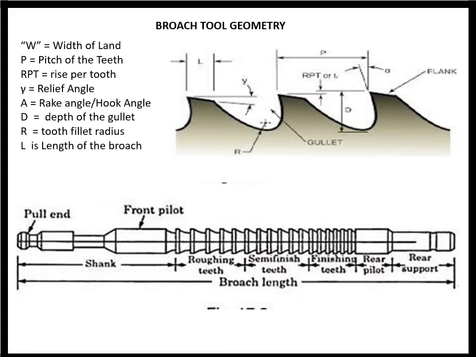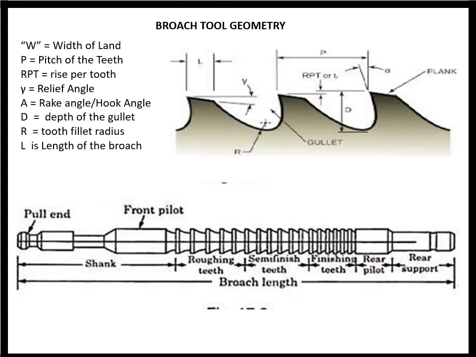The L shows the width of the length. P is the pitch of the cutting teeth. It is nothing but a distance from a point on one tooth to a similar point on the successive teeth.